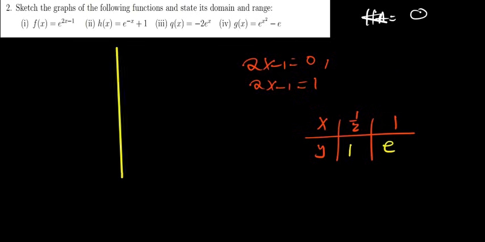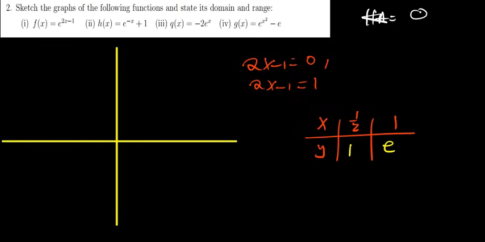Another thing we should be able to know is the reason why I want you to know the value of e: it is how you are going to replace the values of y. Which number is bigger between 1 and e? It's basically e. So then the horizontal asymptote is at 0.